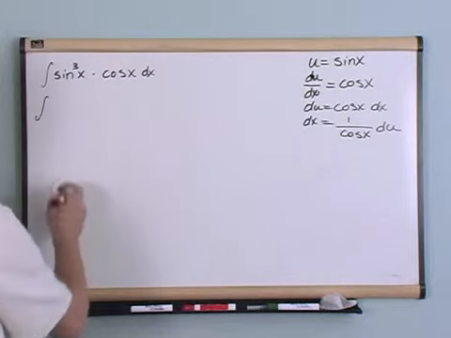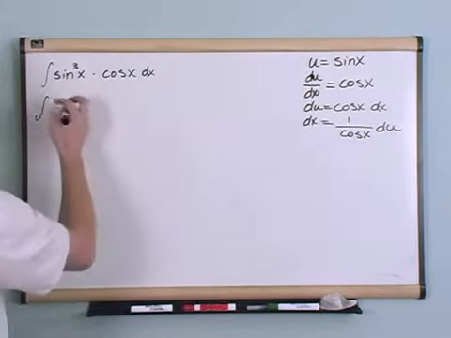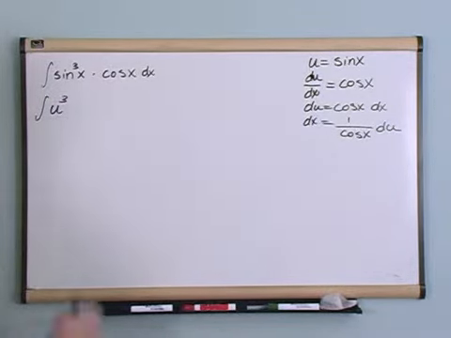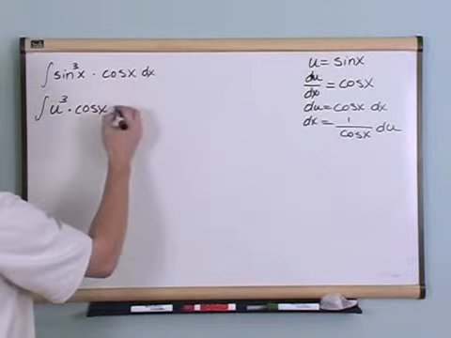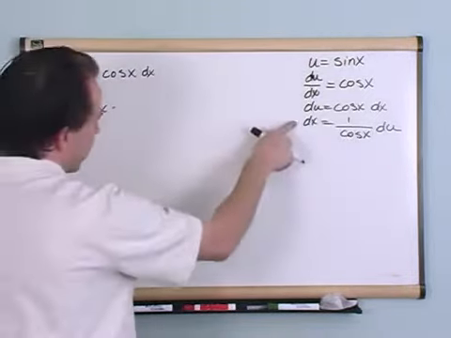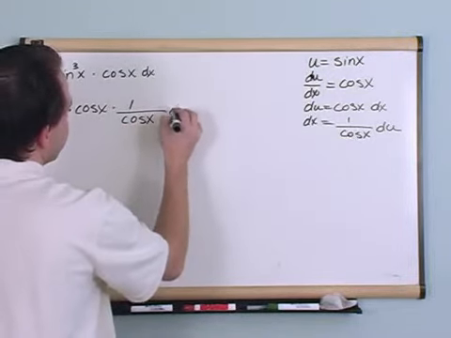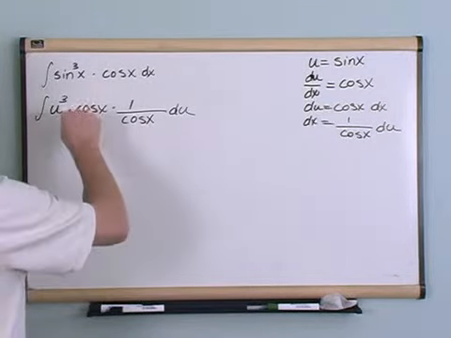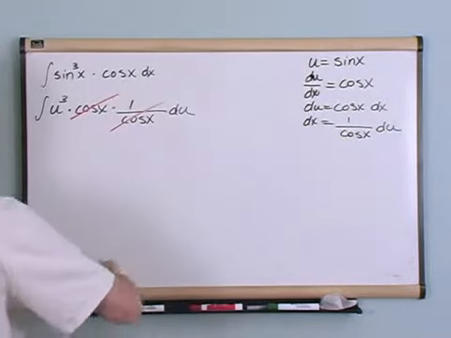The next step is to substitute. u is sine of x, raised to the third power, so it's u cubed, times cosine of x from here, times dx. But dx I've already defined as 1 over cosine of x times du. Fortunately, that gets me to cancel this, and if you start canceling things, you've generally done a good deed.